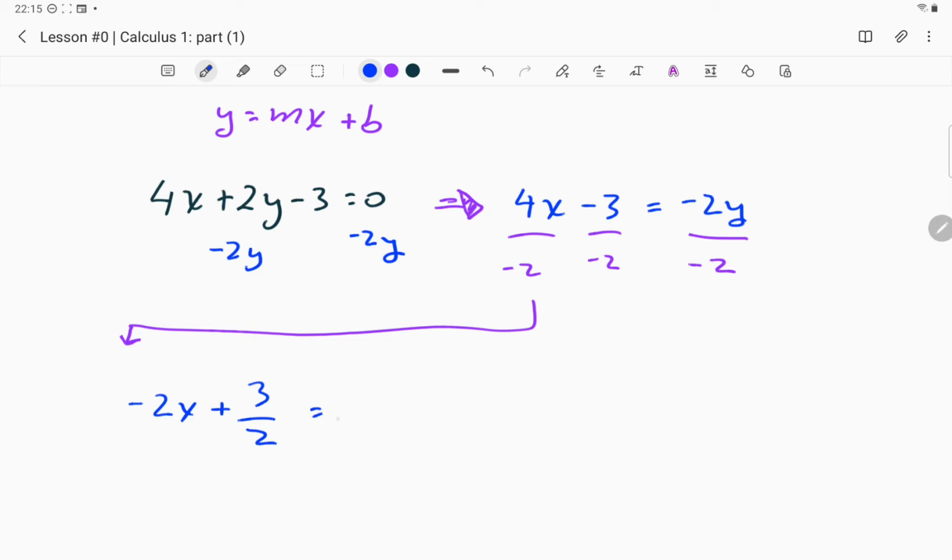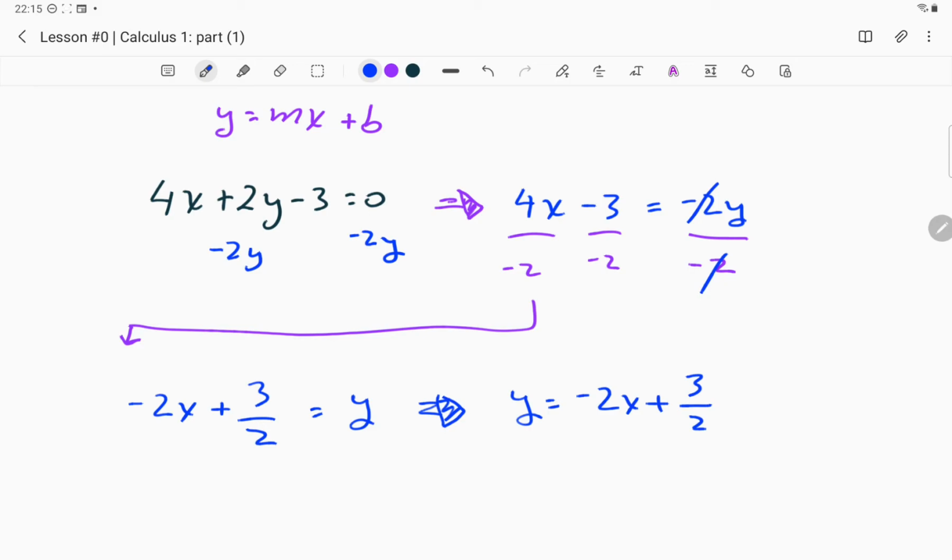And then on this side, obviously the negative 2 is removed, that means y. Now we can clean that up just a little bit more, rearranging it to look like y equals mx plus b, which is going to be negative 2x plus 3 over 2.